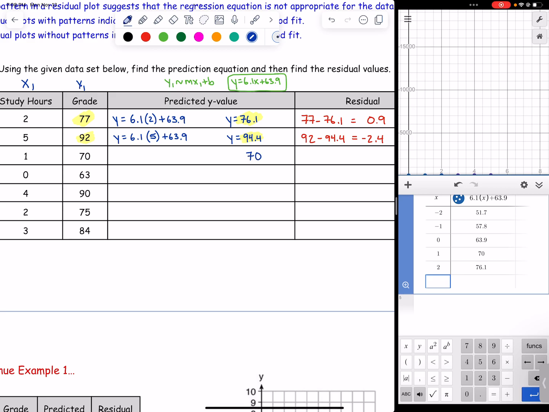And 0 goes with 63.9. And we need 4. So 4 goes with 88.3. And 2 was 76.1. And 3, let's type 3, is 82.2.